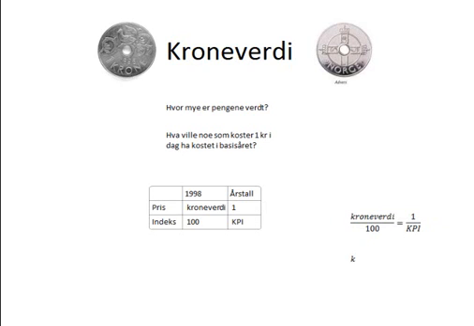So we get kroneverdi equals 1 times 100 over consumer price index. But 1 times something, we can really look away from that, so we'll just remove it. And we have our formula for kroneverdi. Kroneverdi equals 100 over consumer price index.